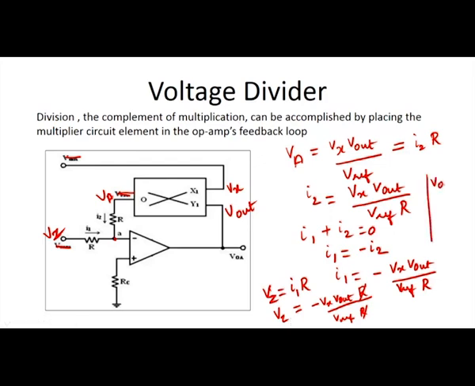So V out can be written as V reference into Vz by Vx.